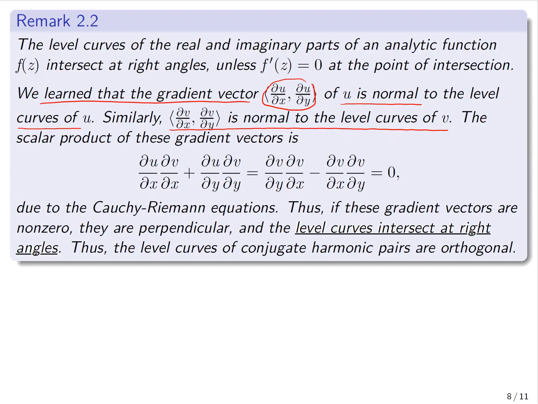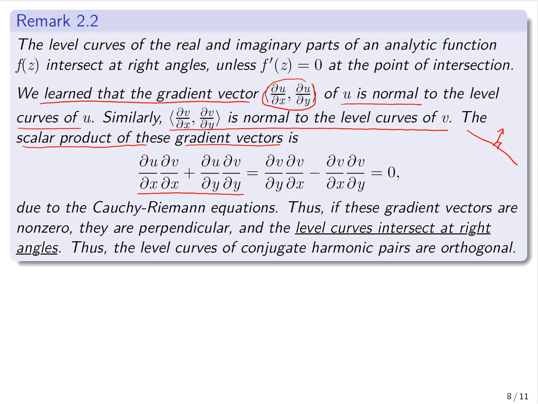So if you have the curve, the gradient vector is normal to that curve. So what we're going to do now is look at the angle between the gradient vectors. To do that, we're going to look at the scalar product. That's the way to do it. So look at the scalar product of the gradient vectors, which is defined as: you multiply the corresponding components and add them. This is how we define the scalar product.